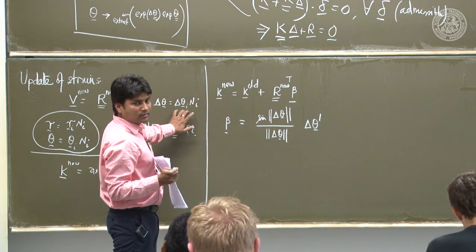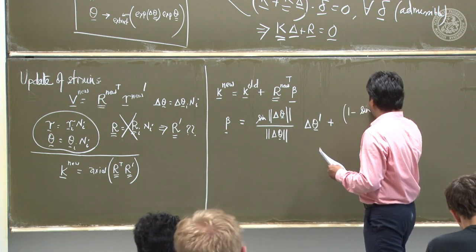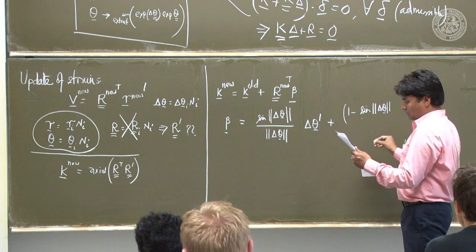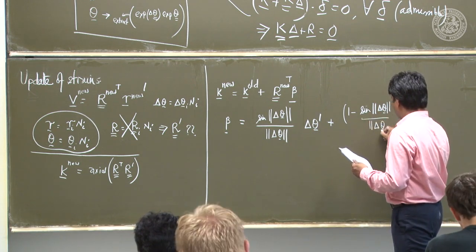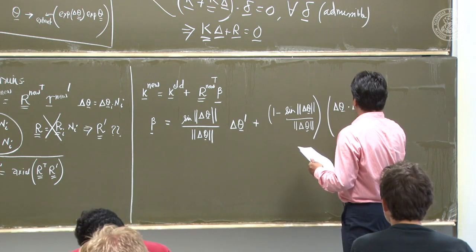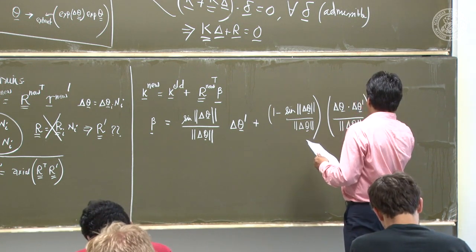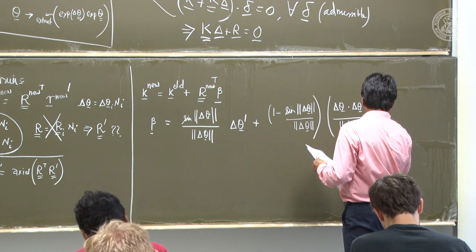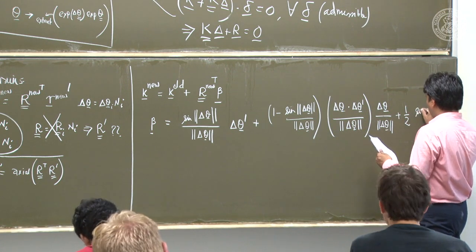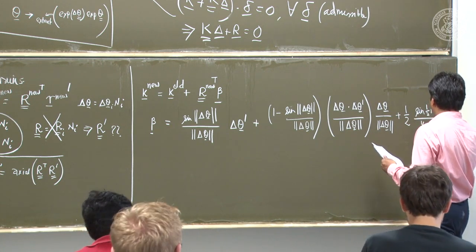Again, use this formula, plus 1 minus sine of delta theta divided by delta theta, into delta theta dot delta theta prime over magnitude of delta theta, times delta theta over delta theta prime, over magnitude delta theta, plus half times sine of half of magnitude of delta theta divided by half of magnitude of delta theta.